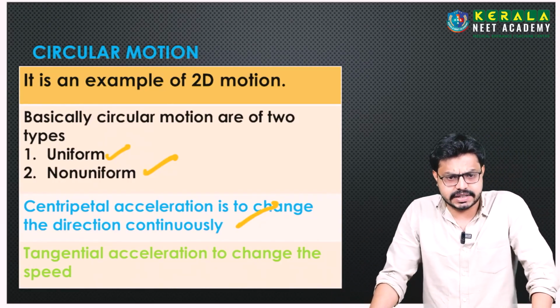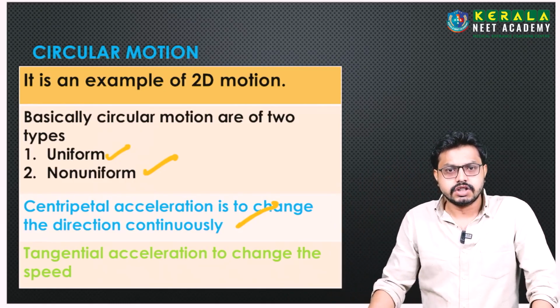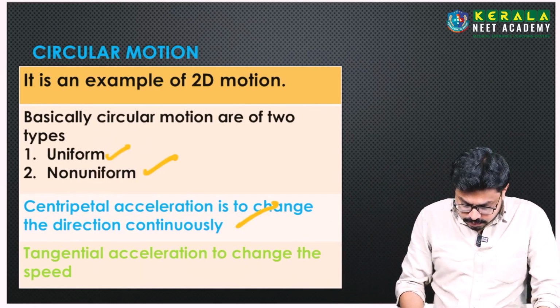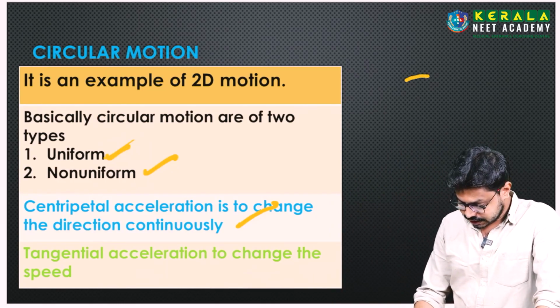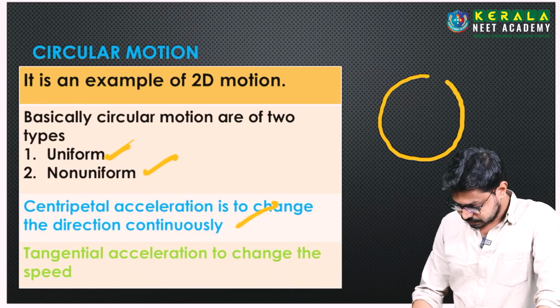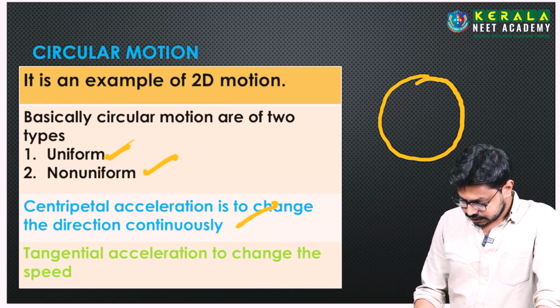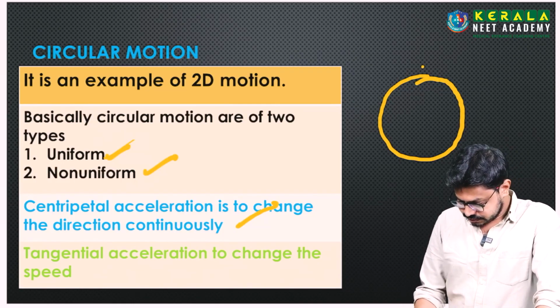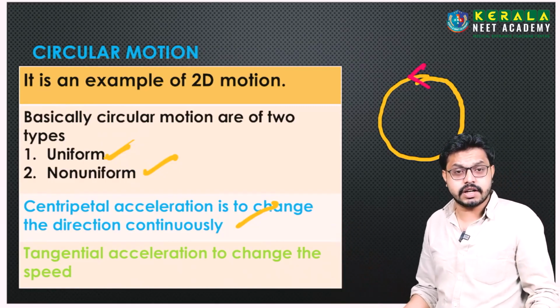What do you mean by centripetal acceleration? Centripetal acceleration is what changes the direction continuously. If a body is under uniform circular motion on a circle, what does uniform circular motion mean?